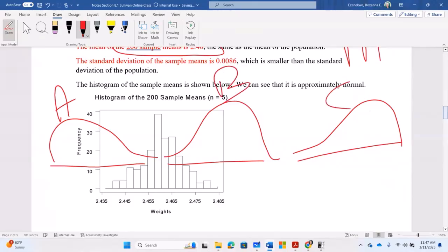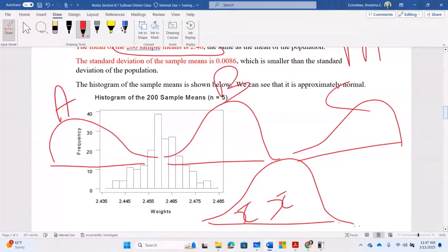Let me call this one B. Let me call this one C. The central limit theorem says it doesn't matter if the original data is A, B, or C. A is skewed right. B is not skewed, it's bell-shaped. And C is skewed left. The distribution of means must be approximately normal.